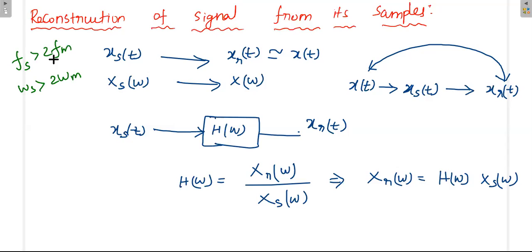If fs is less than 2 fm, aliasing will definitely be there. If fs is equal to 2 fm, again we can recover, but we need ideal filters, which is practically not possible.